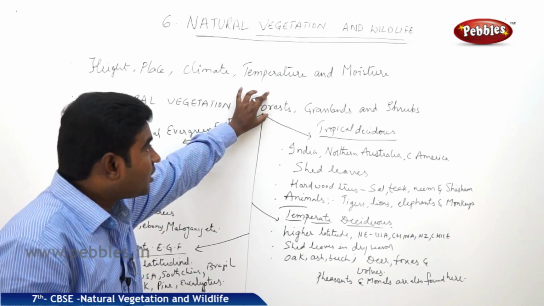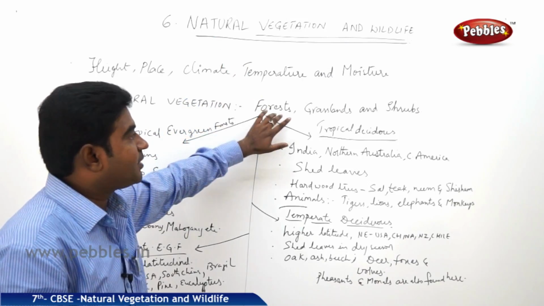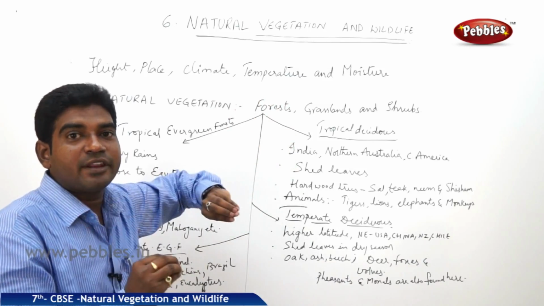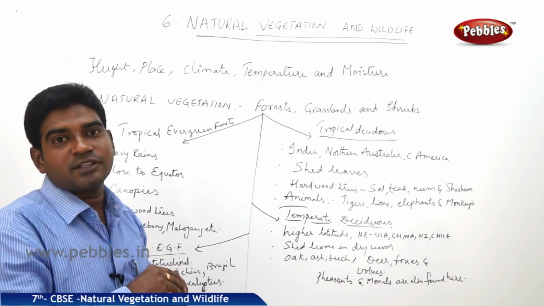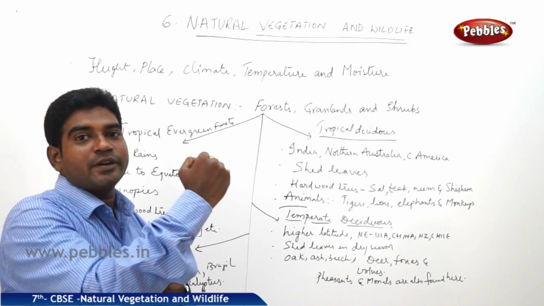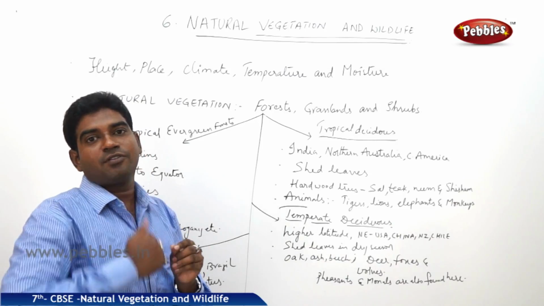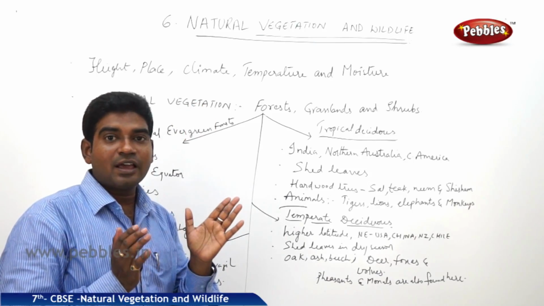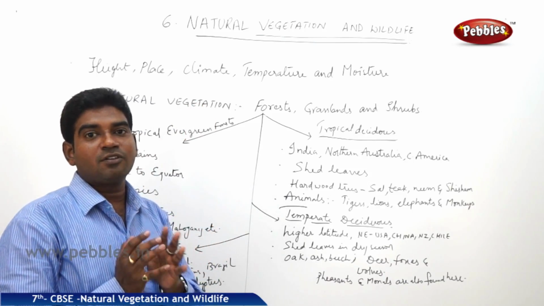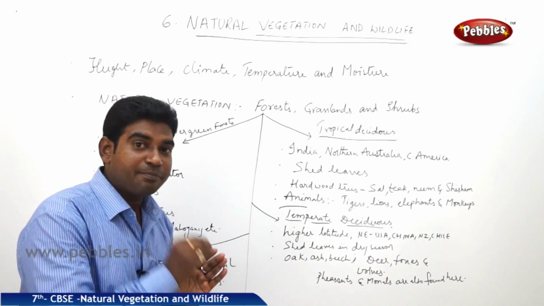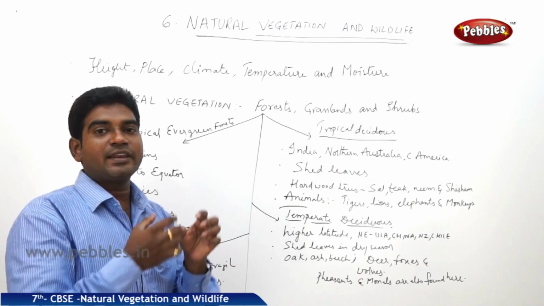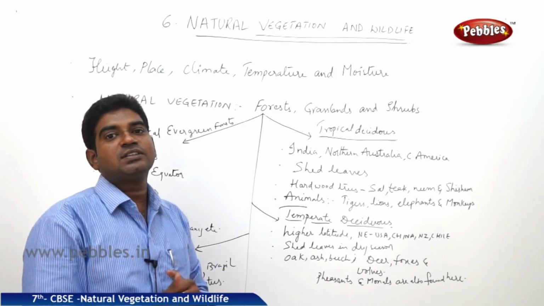In the forest, if you associate them to the climate, if they are in an equatorial zone, there they receive heavy rainfall, so we have evergreen forests there. If you are moving away from the equator, we have temperate tropical forests. Then as we go towards the poles, there we have very less availability of flora and fauna in that forest. So, depending on all these factors of place, climate and region, we can categorize the forests into 6 categories.